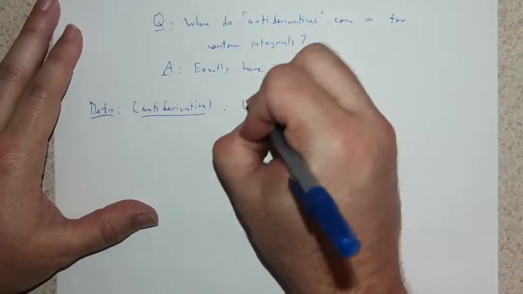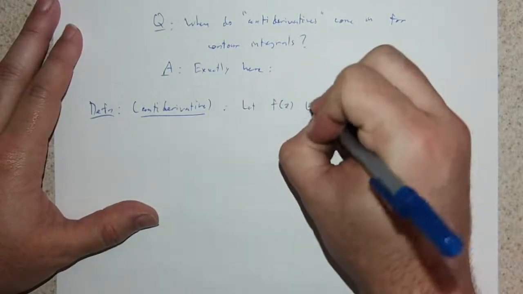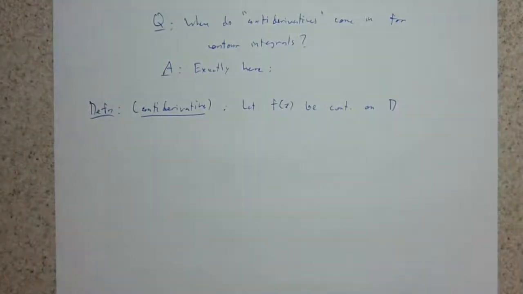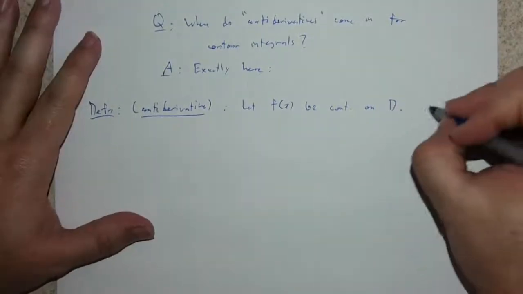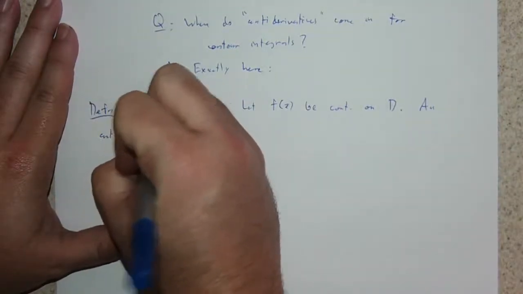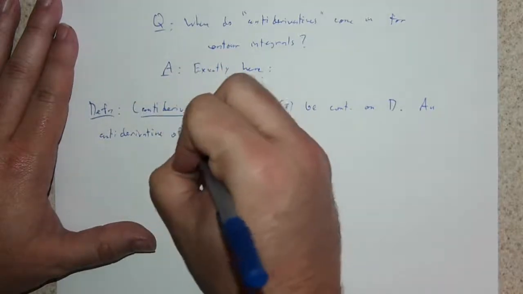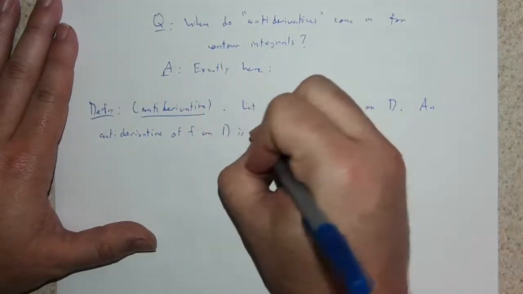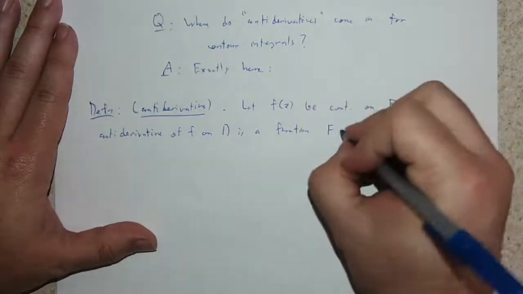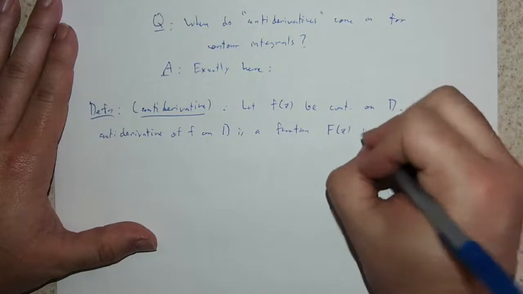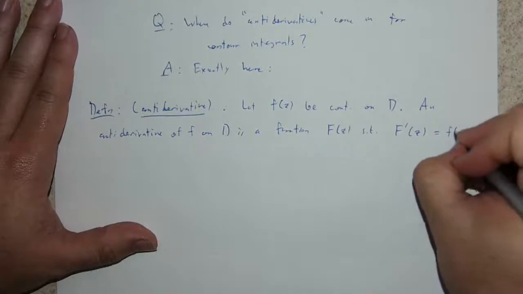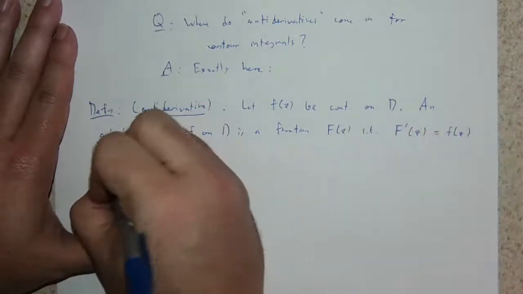Let f of z be continuous on domain D. An antiderivative of f on D is a function F, or big F, I should say, of z, such that F prime of z is equal to f of z for all z in D.